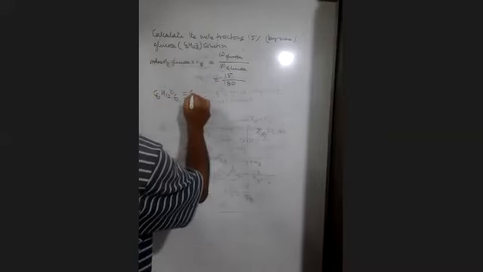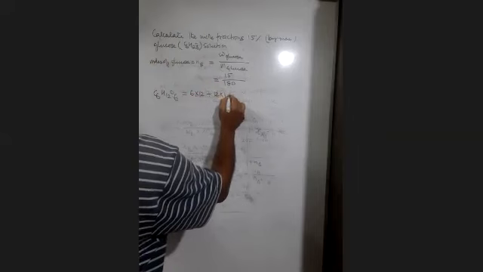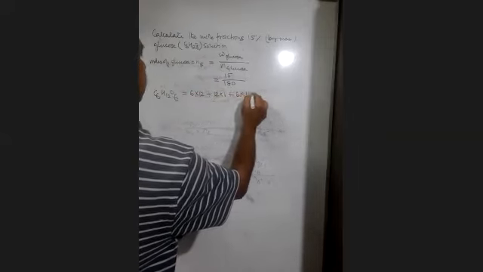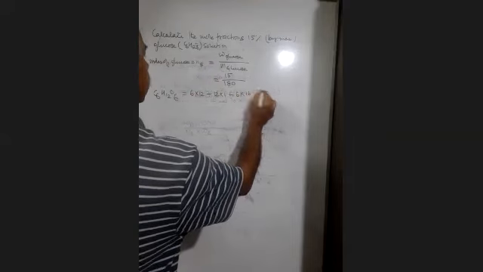What is the atomic mass of carbon? 12. So 6 into 12, 12 into 1, 6 into 16. That is equal to 180. See, it is the molar mass of glucose.